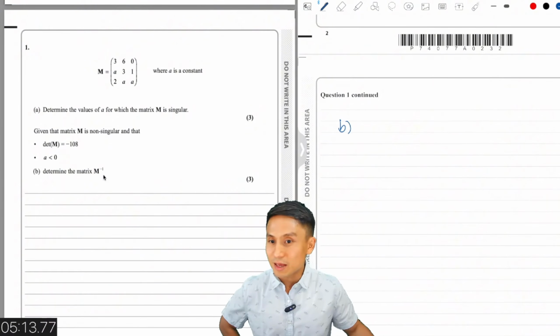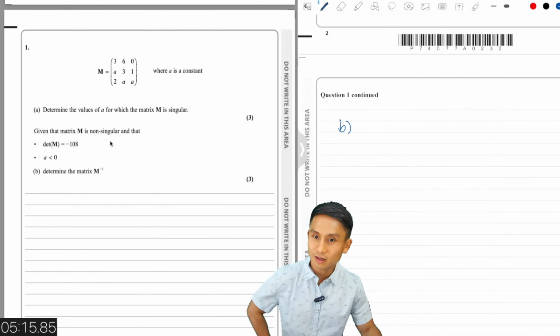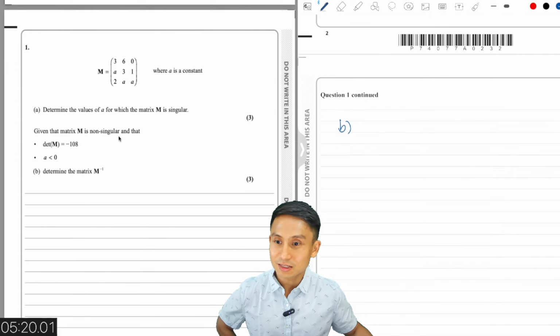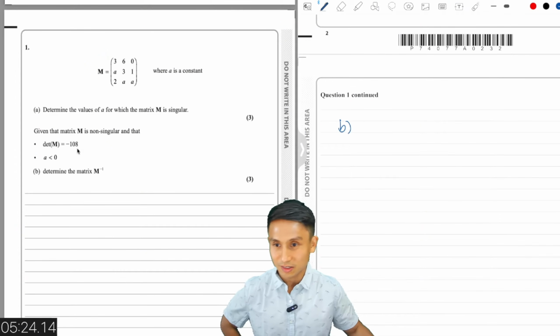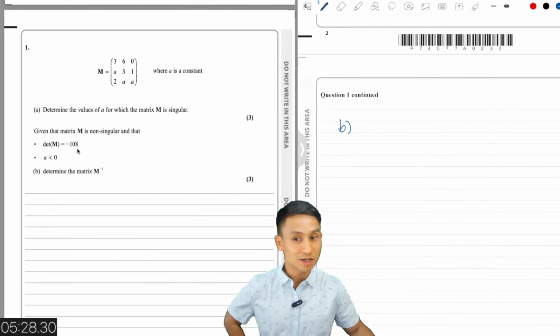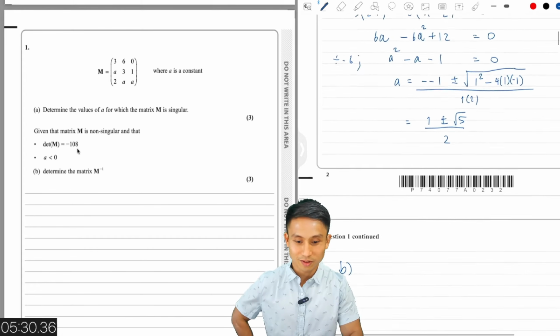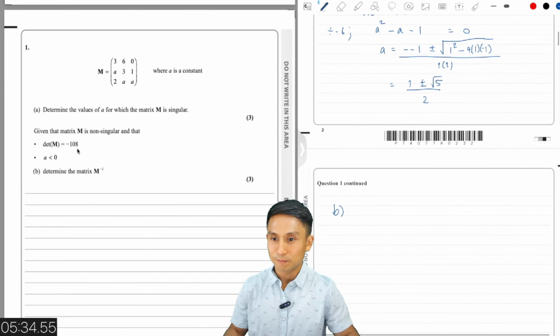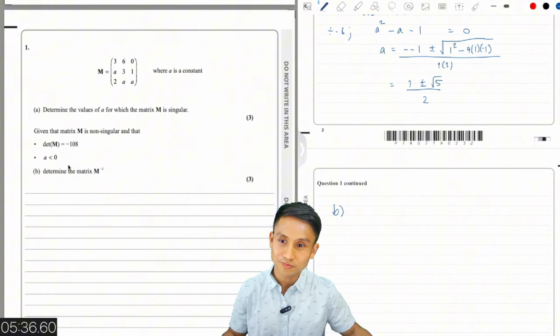Given that matrix M is non-singular now, right? And that determinant M equals minus 108. Now it's non-singular, so that means the determinant is not equal to 0, or a is not equal to that, basically. And a is less than 0.